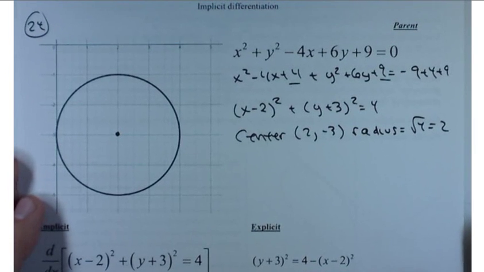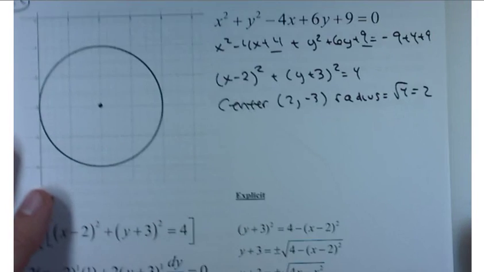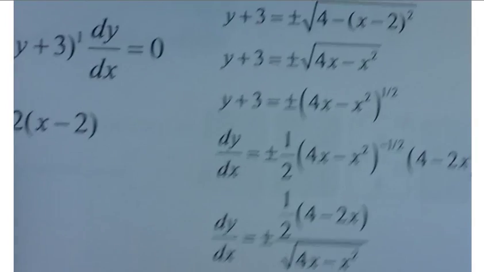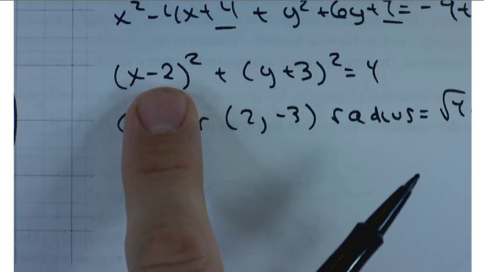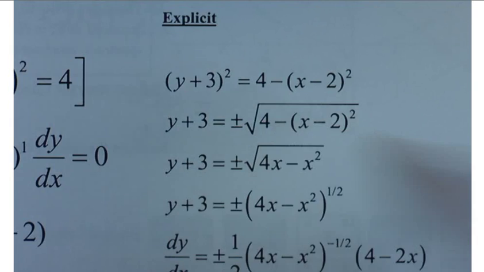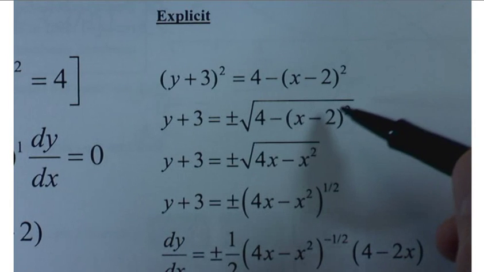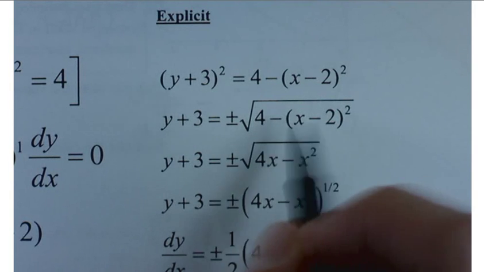Now there's a couple ways you could find the derivative here. One of them, if you wanted to find dy dx, would be to solve for y. So take this equation, move this to the other side, take the square root. You can't take the square root of this by saying, oh, square root of 4 minus square root of this. It doesn't work. You have to do the algebra here.